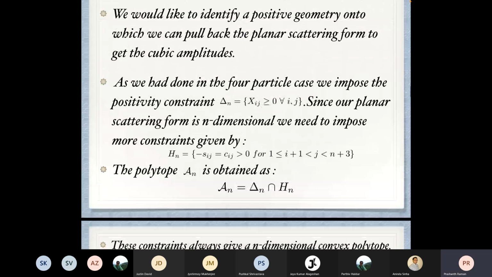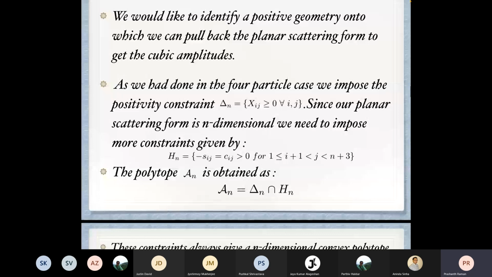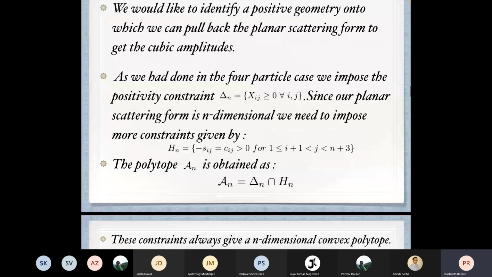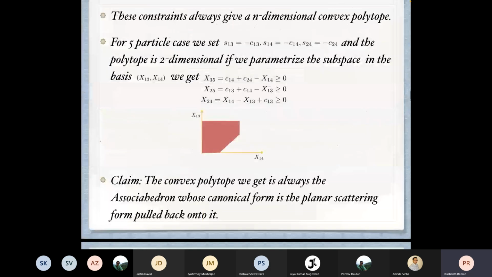And we get a polytope by taking the intersection of these two spaces and giving a set of inequalities which will carve out a polytope. The claim is that these constraints always give you an n-dimensional convex polytope. For example, in the 5-particle case, we have these constraints: s13 is minus c13, s14 is minus c14, and s24 is minus c24. We can translate from the s_ij to the x_ij by that relation.